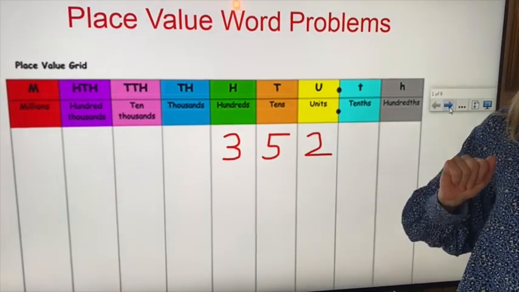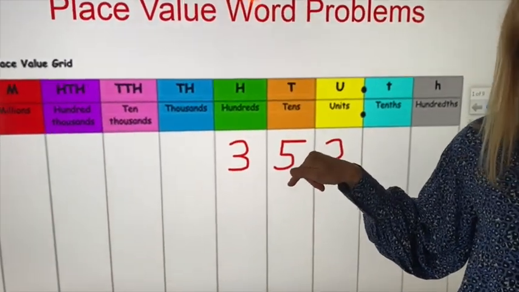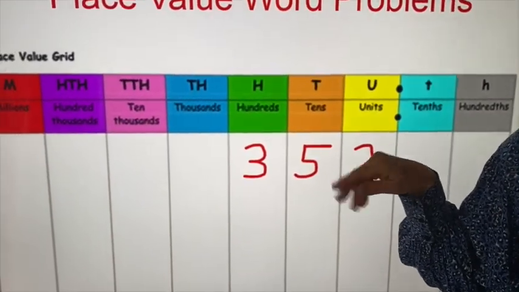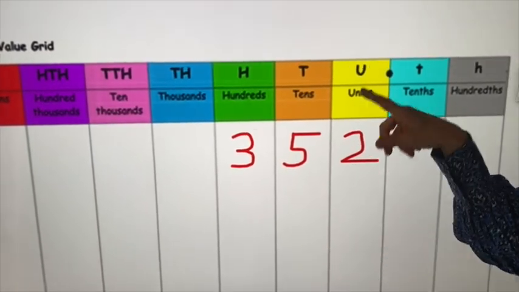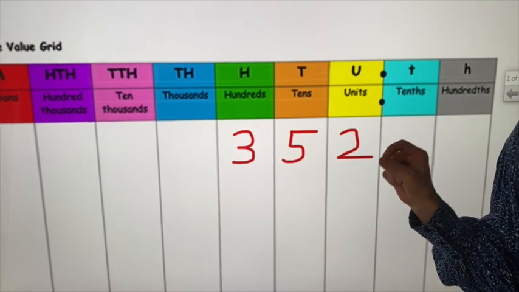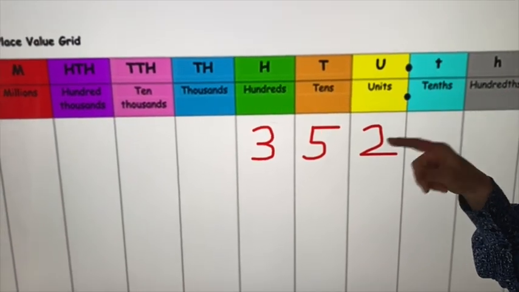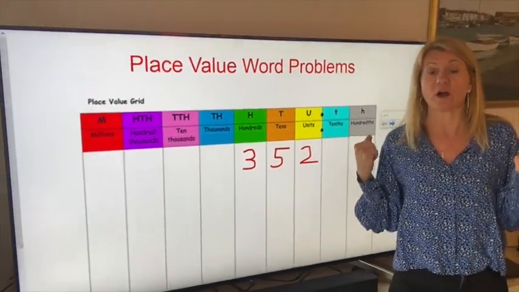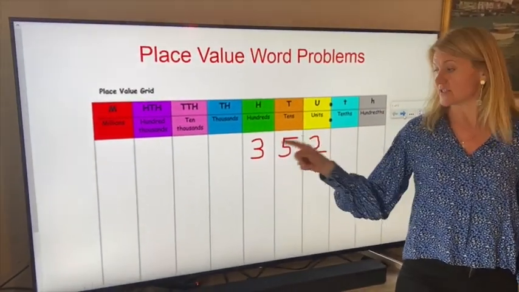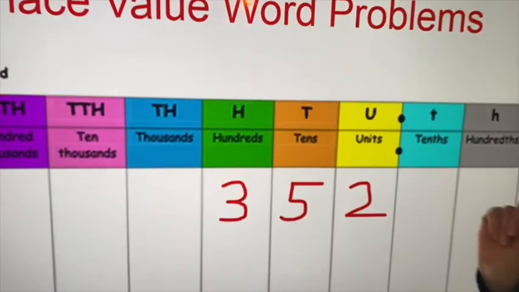In the tens column, the number is 5, but it's in the tens column. So the value is 50, correct. In the units, or as we like to call them, ones column, we have a 2. The 2 means 2 ones. So the whole number is 352.